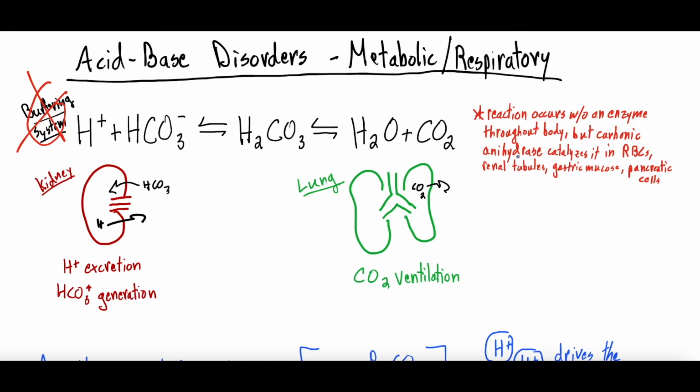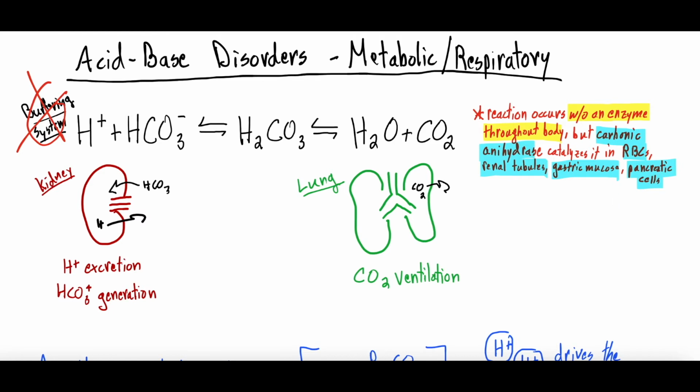All right? How does this happen? Well, number one, this reaction is always occurring. It occurs without an enzyme throughout the body at all times. But in addition to that, there is an enzyme that does catalyze or make this reaction go faster, and that's carbonic anhydrase. And it's in things like red blood cells, the kidneys, renal tubules, the gastric mucosa, the stomach lining, and then pancreatic cells, or cells in the pancreas.